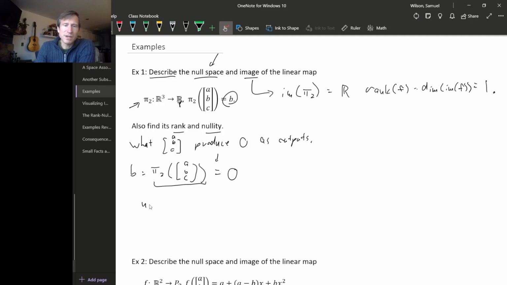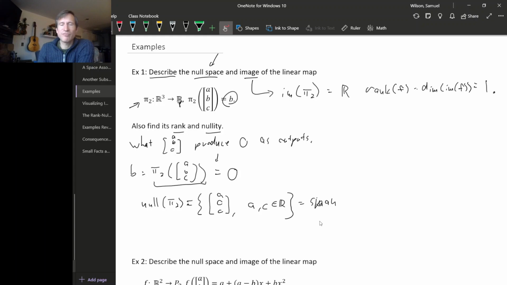So the null space of this map, pi 2, is just the collection of all vectors (a, 0, c), where a and c can be real numbers. This explicitly describes what the null space is, but we haven't written a basis for the null space yet. That's not hard to do.